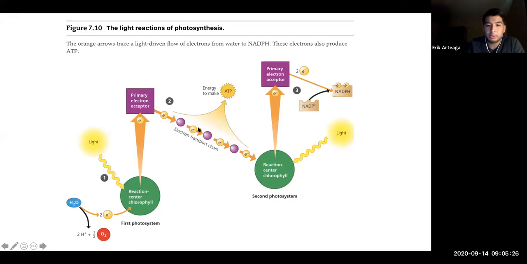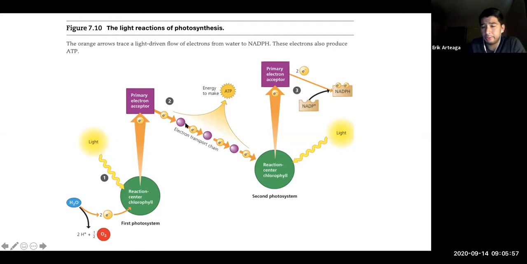So think of this process as the electron transport chain in the mitochondria, right? We're using this to make some energy, okay? But this is going to be the reverse reaction to what you would see in the electron transport chain, right? Remember the electron transport chain, oxygen is used to pull the electrons, right? Here we have water being broken apart to make oxygen in order to gain the electrons, okay?